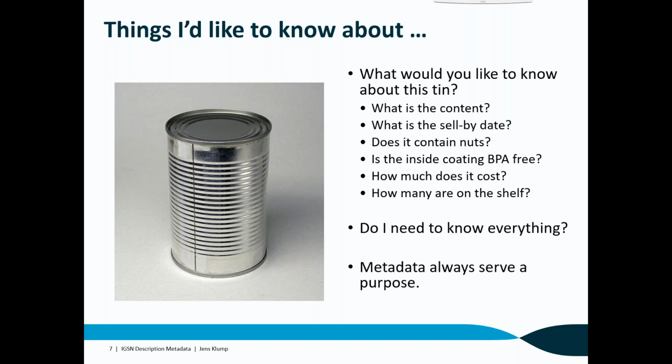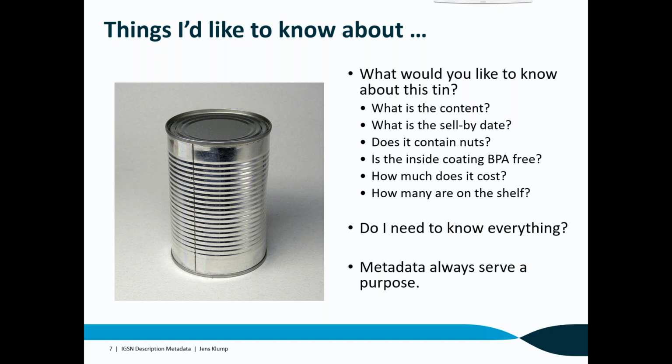Now, when it comes to the descriptive metadata, it's a different thing. And to illustrate what I mean, how I see descriptive metadata, I want to refer to this unlabeled tin and then ask, what would you like to know about this tin? So obviously, what is the content? But maybe you would also be interested in what is the sell-by date? Is it still something that I can eat, if at all?